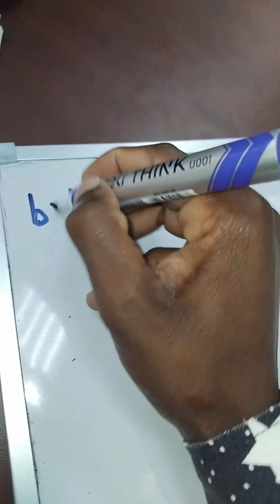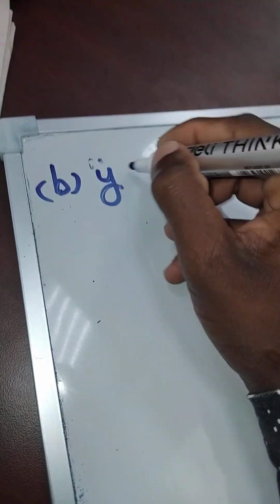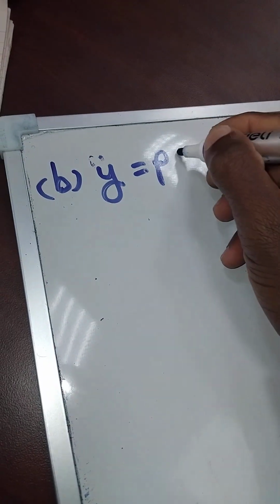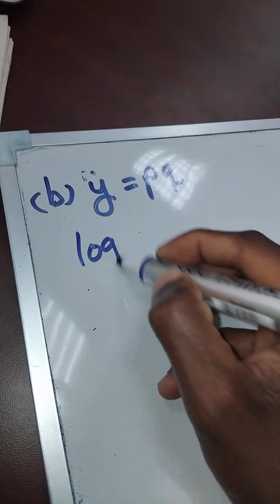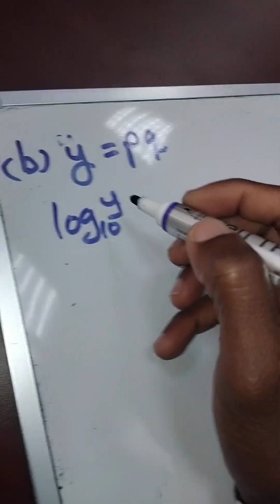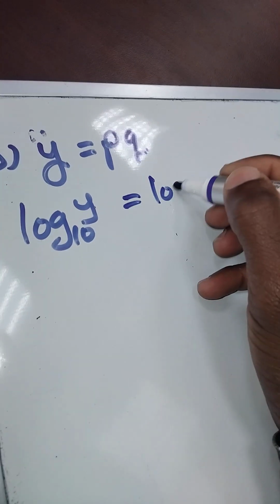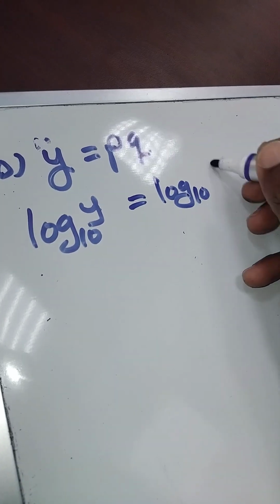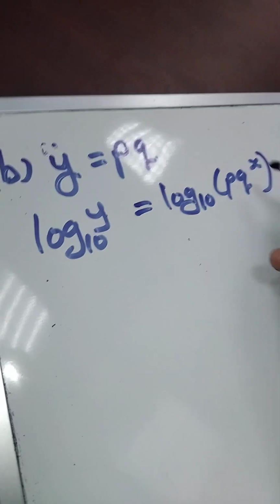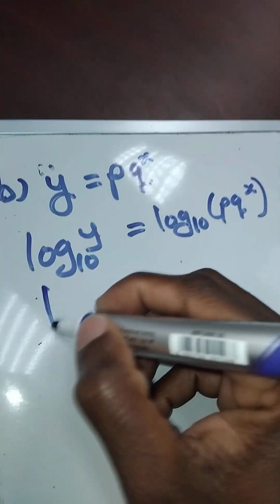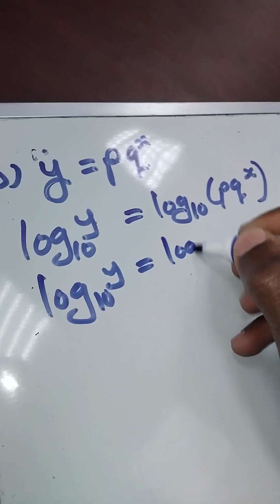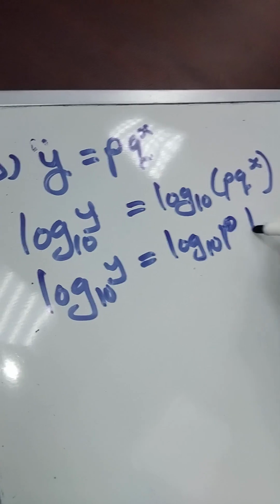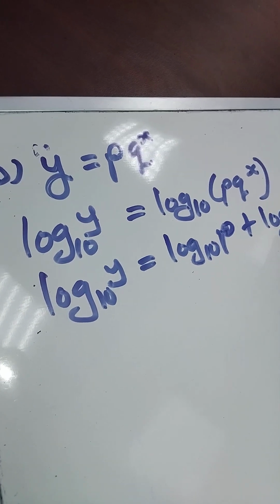For part B, remember that y is equal to pq to the power x. We introduce log base 10 on both sides: log base 10 y is equal to log base 10 of pq to the power x. Then log base 10 y is equal to log base 10 p plus x log base 10 q.